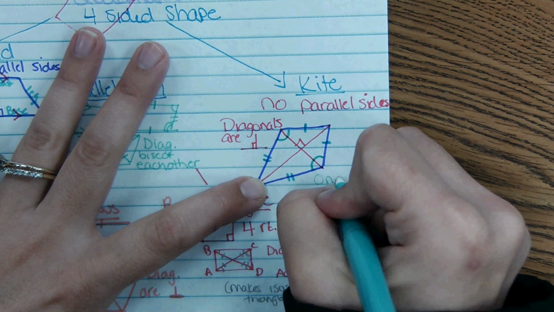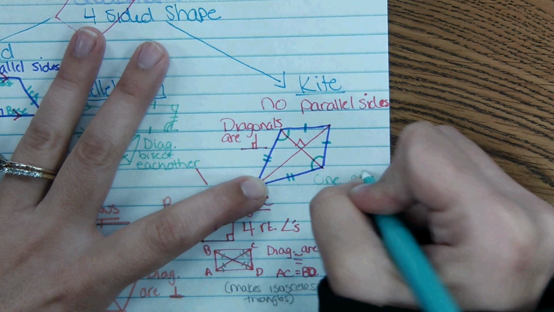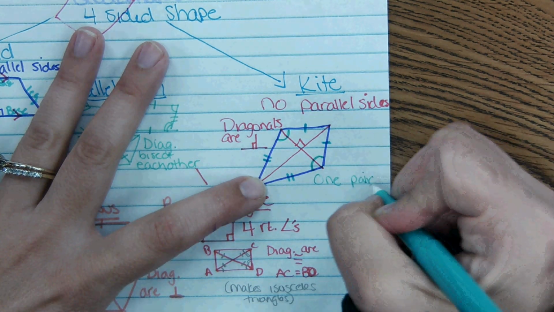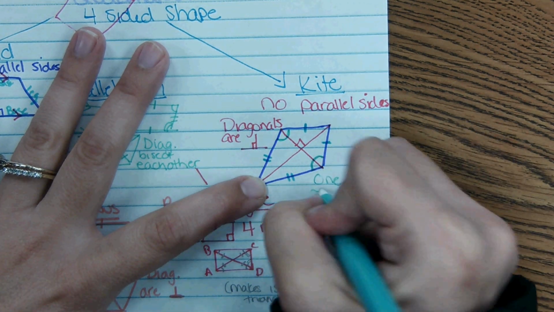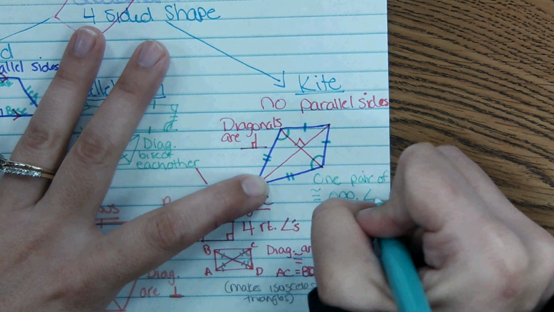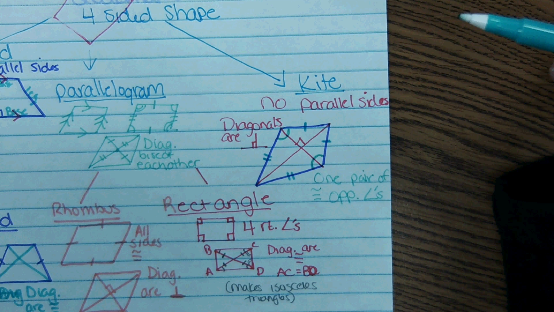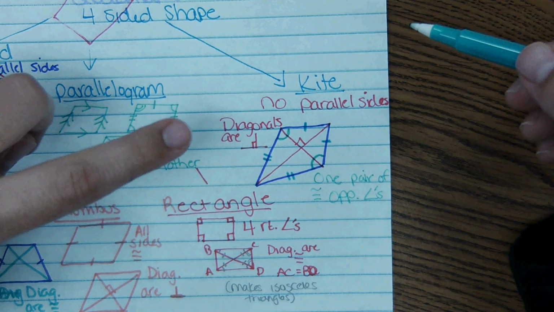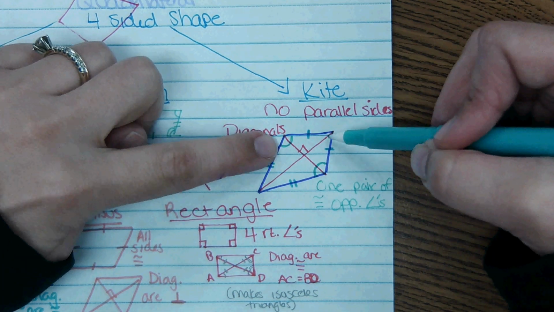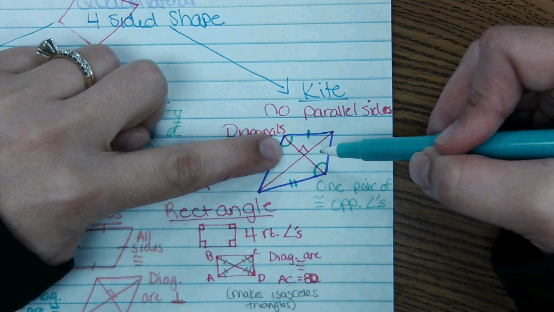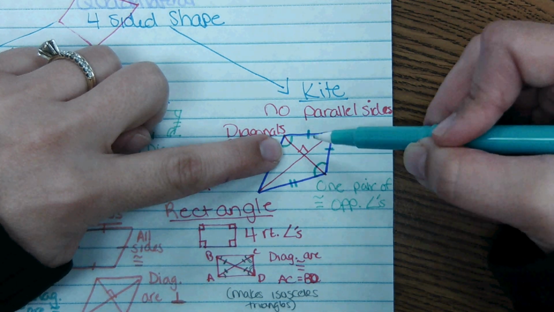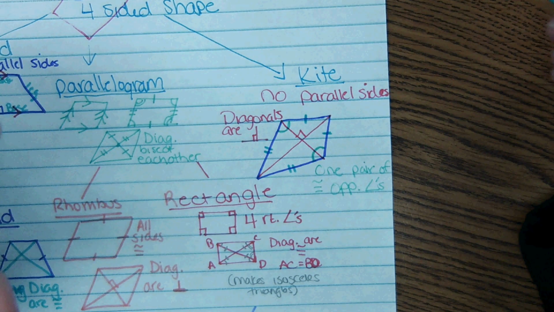So one pair of congruent opposite angles. These angles are equal. And the other thing we'll see in the practice is since this makes a 90-degree angle, these are all right triangles. You can use the Pythagorean theorem to find lengths here, and we'll see that in the practice.